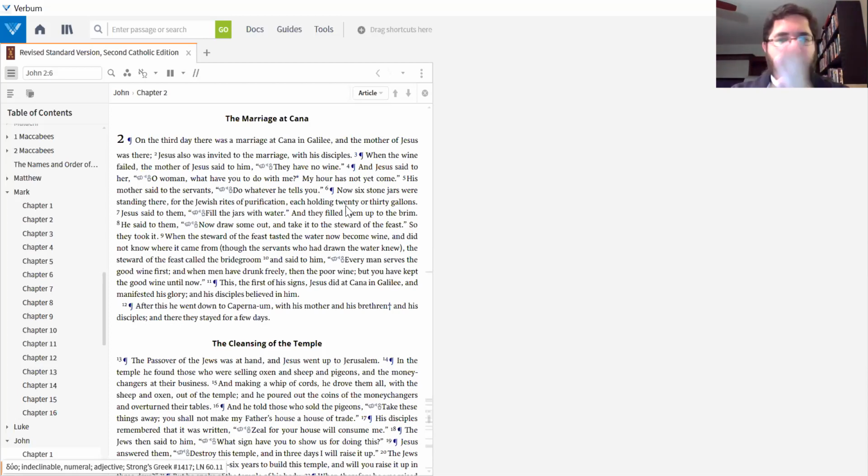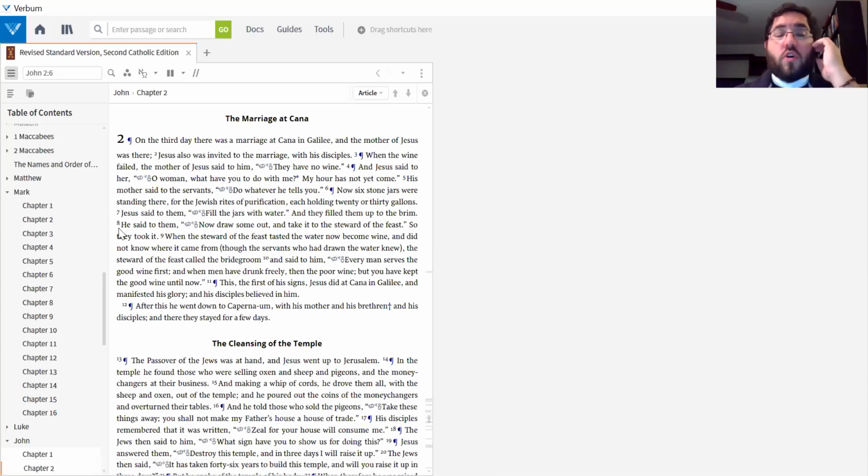A lot of washing of hands, washing of pots, washing of things to keep things clean, ritualistically clean, not just, oh, it's dirty, but ritualistically clean as well. So Jesus tells them to fill those 6 jars, fill them up all the way, which they do here. See verse 7 here.